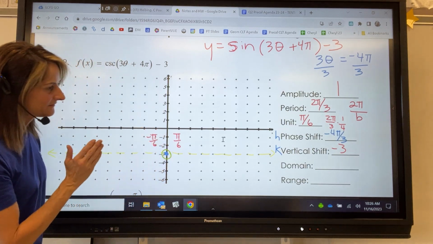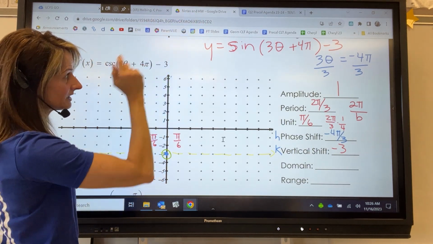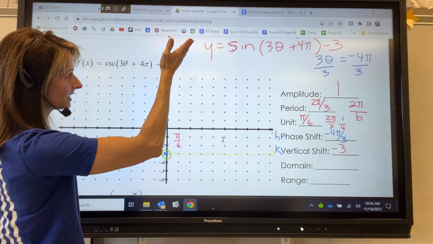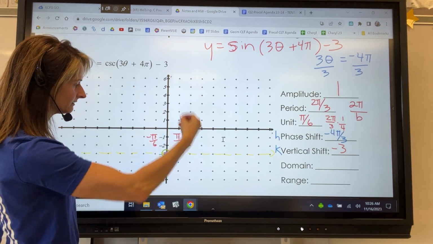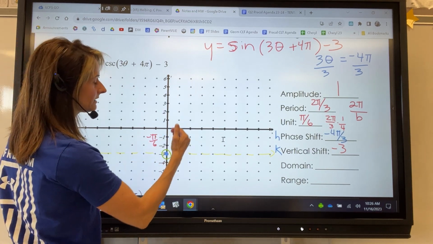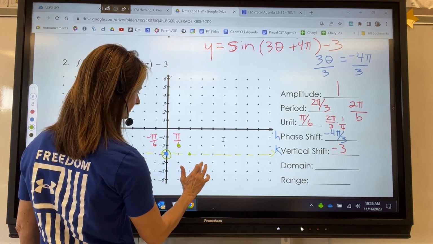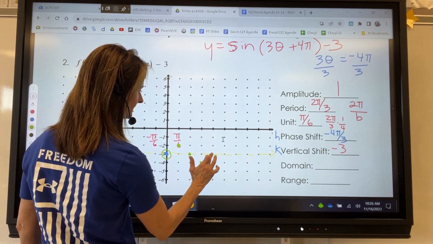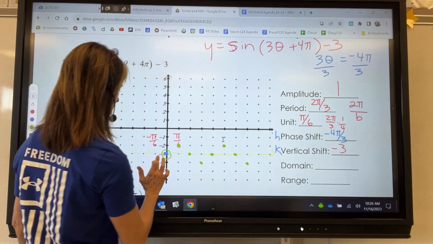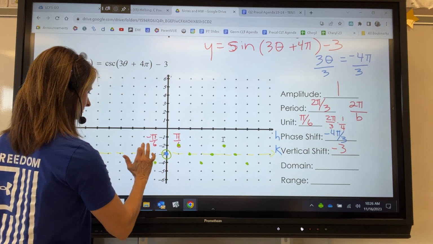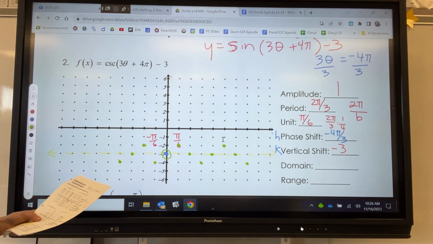And if I were graphing the sine function, because we've got a positive sign, we don't have a reflection over the x-axis, we're going to start high, right? So 0, high, 0, low. I'm going up 1 because the amplitude is 1. Nice.